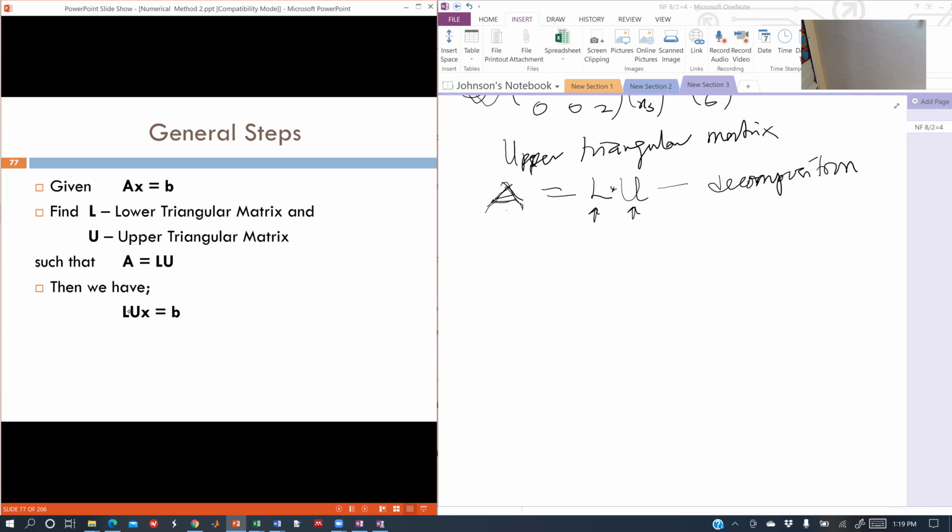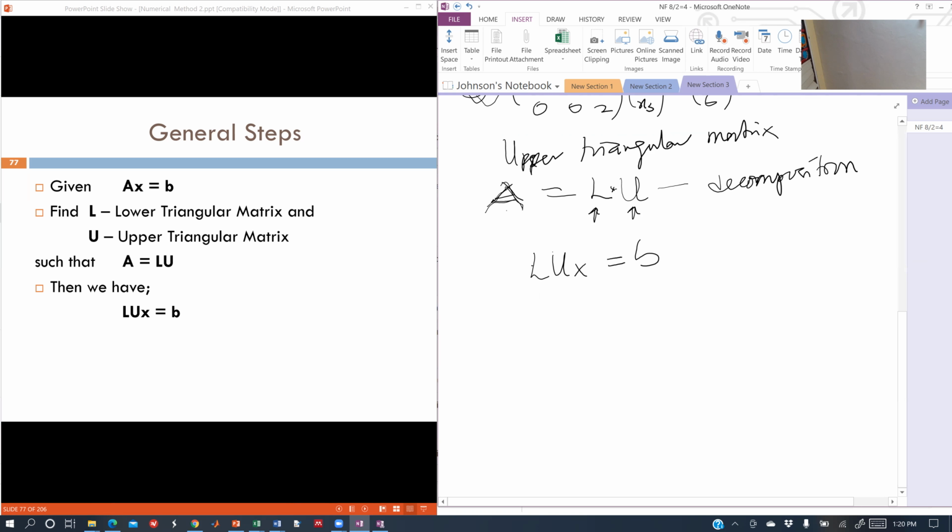So if I have LU times vector X is equal to B, then it will be difficult to solve, because this is a matrix, this is a matrix, this is a vector, and this is a vector. So what we need is a case where we have only one coefficient matrix, one unknown vector and one right-hand side vector.